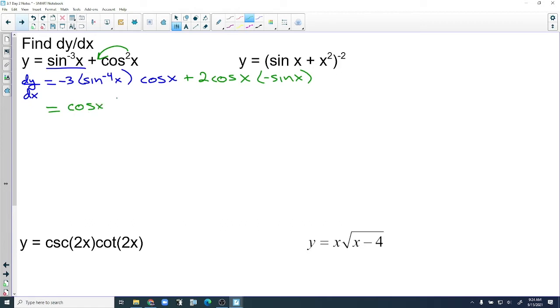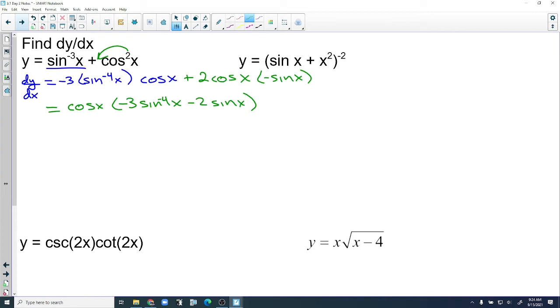So cosine of x times negative 3 sine to the fourth minus 2 sine of x. Oh, that's to the negative 4, not 4. There we go. And if one power is positive and the other power is negative, you can't factor one out. They'd have to both be positive or both be negative. Any questions on that one?